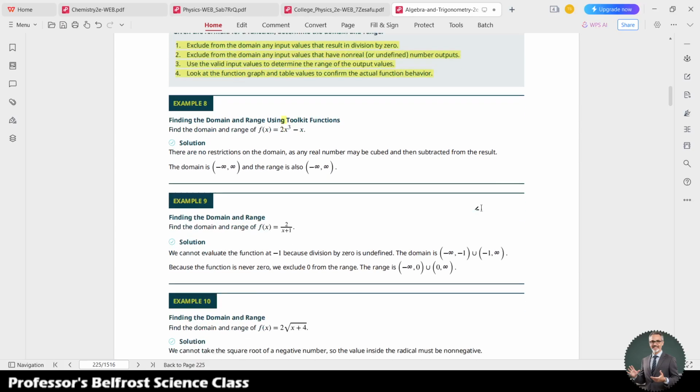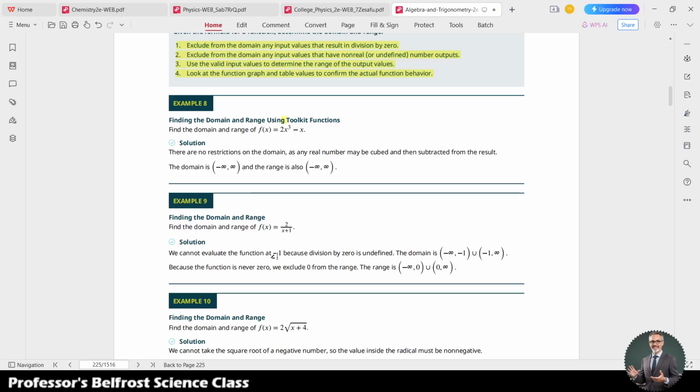The next example is find the domain and range of f(x) equals 2 by x plus 1. This is a rational function. It means we have a numerator by a denominator. This function cannot be evaluated if the denominator goes to 0, so x plus 1 should never be 0.